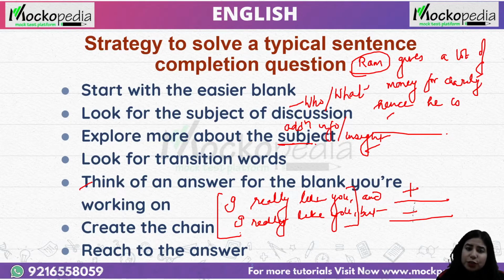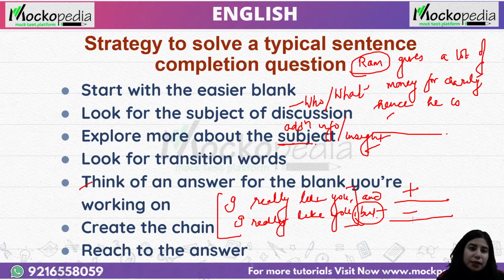And how are we reaching that conclusion? With the help of observing the words and, but. Since and is a positive transition word, we know that we are going to take the discussion in the forward direction. But is a negative transition word, hence we are deciding that we are going to take the discussion in the negative direction.